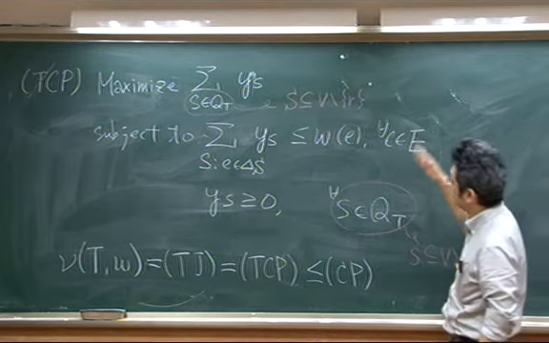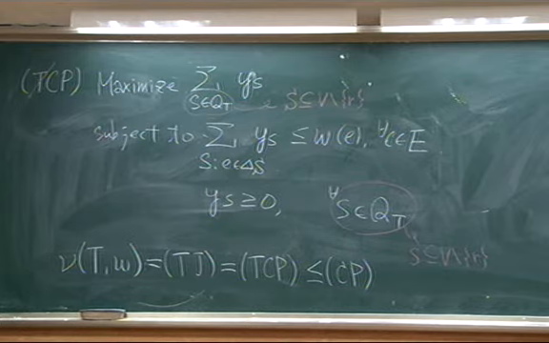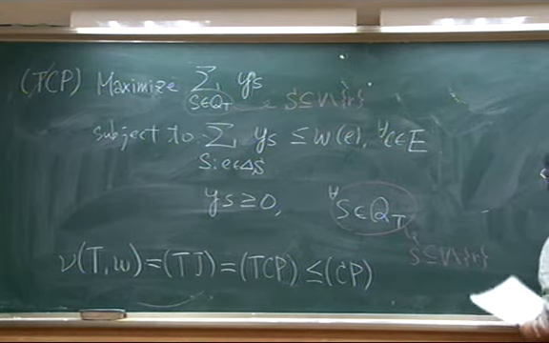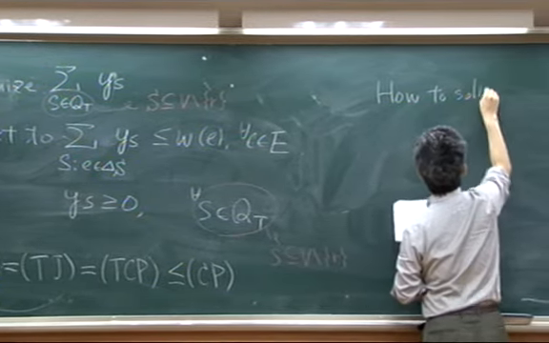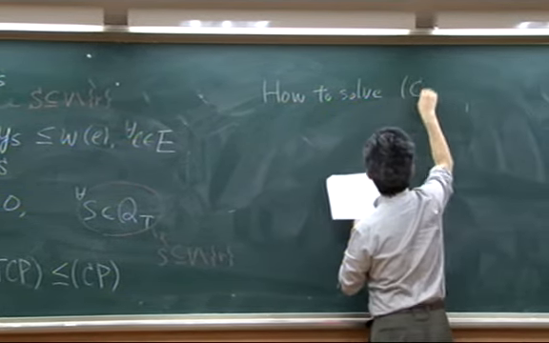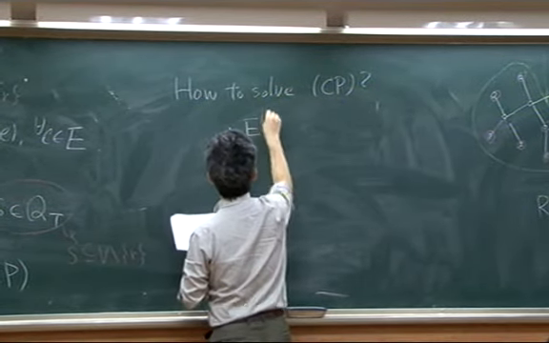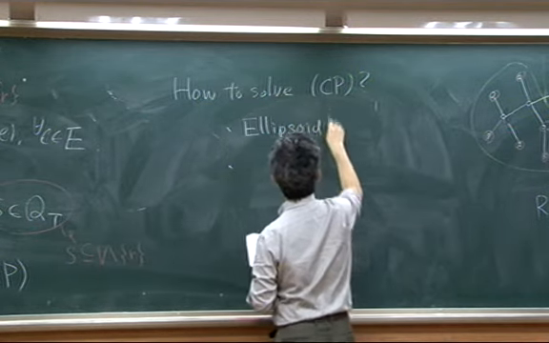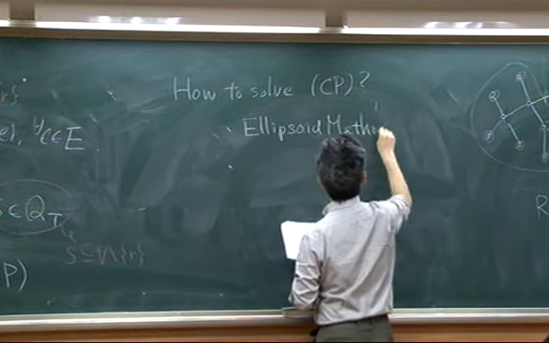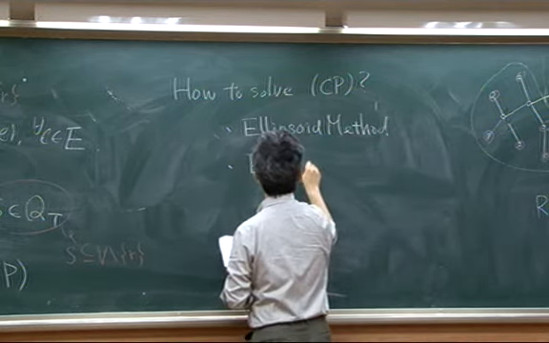So this LP CP, I mean the cut packing LP, can be solved in polynomial time. So I should write down how to solve CP. The best way we know is to use the ellipsoid method, or we can use the extended formulation.